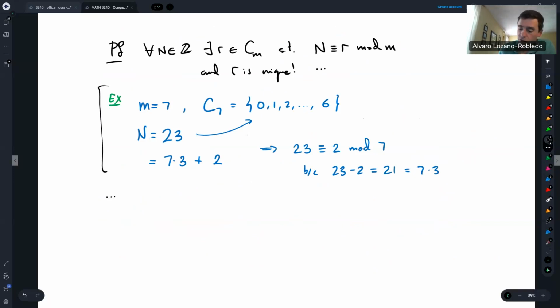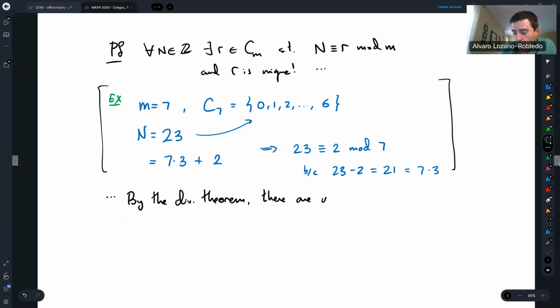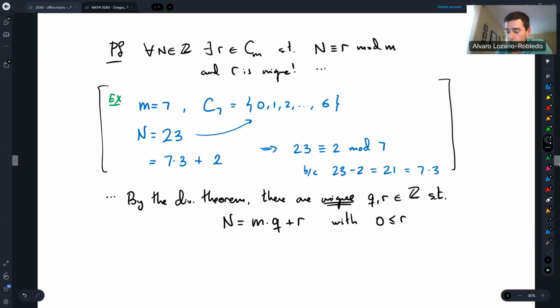Oh, this was just an aside. So now in the proof, by the division theorem, there are unique integers q and r such that n is m times q plus r, and they are unique if you make sure that r is between 0 and m.